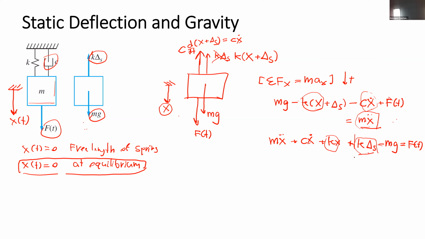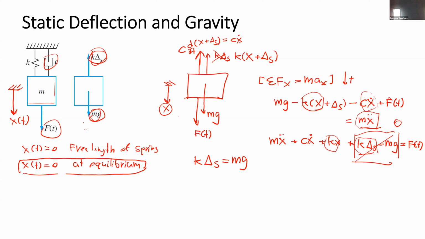So you know the definition of the static equilibrium, the static displacement, the static deflection: if this is in equilibrium, k multiplied by the static deflection is equal to mg. So this term will be 0.